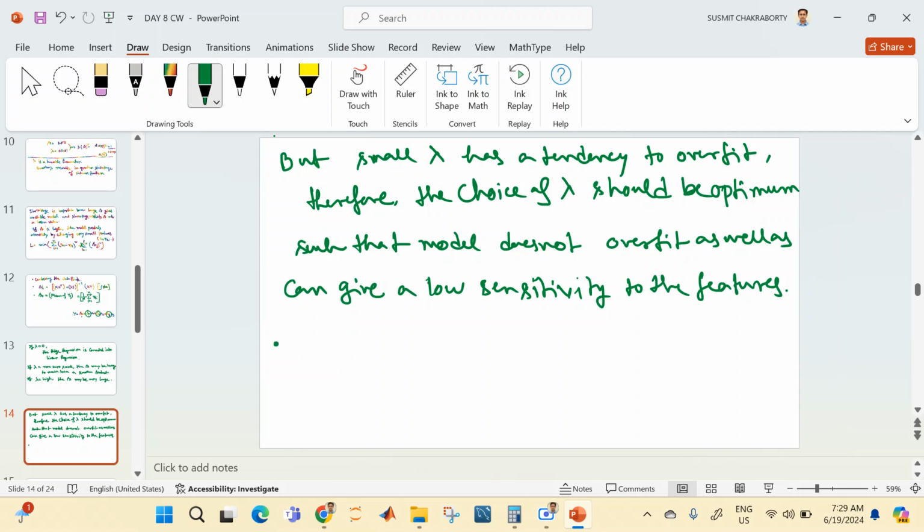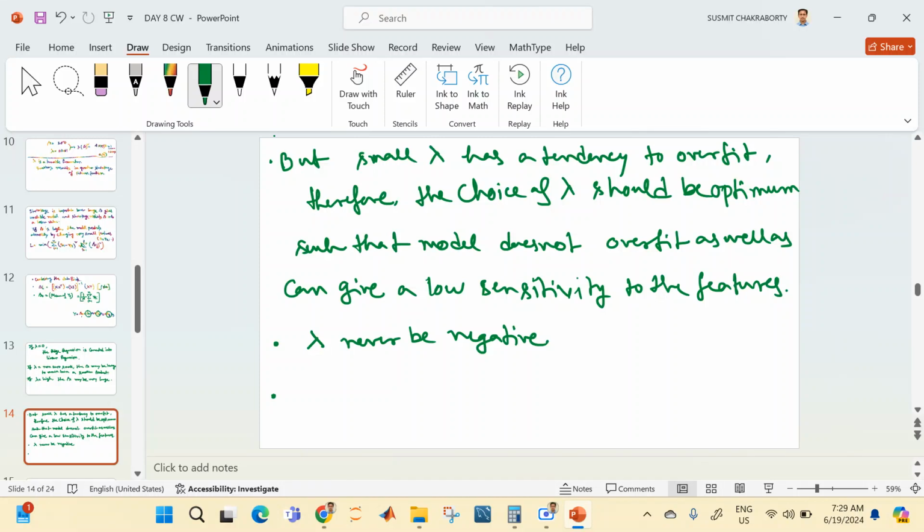But one important term you also have to learn: lambda never be negative. Lambda never be negative. So how to obtain the lambda? Basically, regression depends on the choice of lambda. So lambda never be negative, remember. If lambda is negative, then there will be a problem.